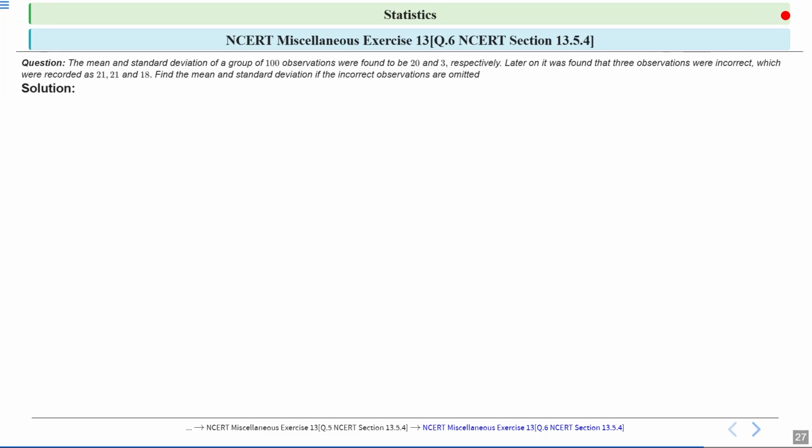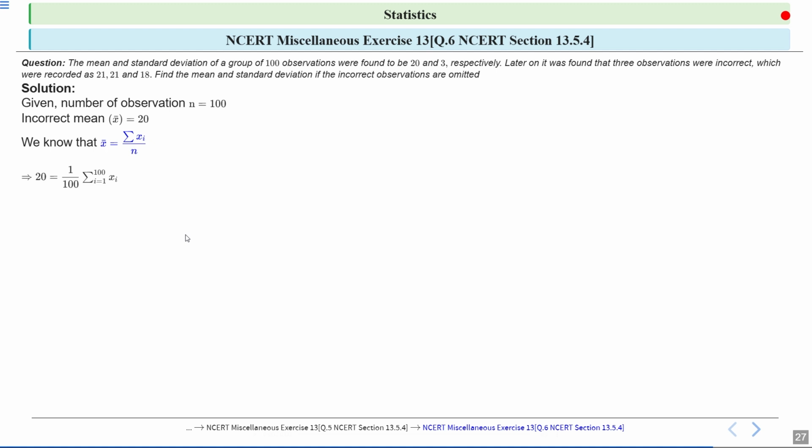So let's solve this question step by step. We are given the number of observations n equal to 100. Next, the mean of these 100 observations is given as 20. Now let's recall the formula for the mean. We know that x bar equals the summation of xi divided by n.